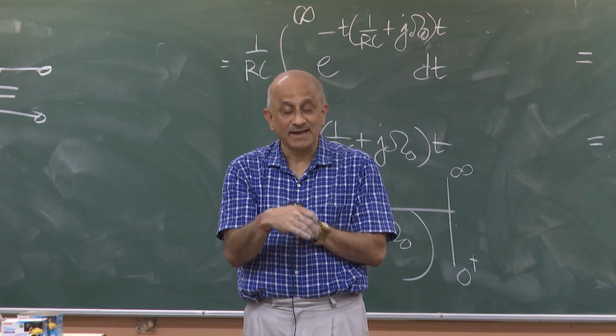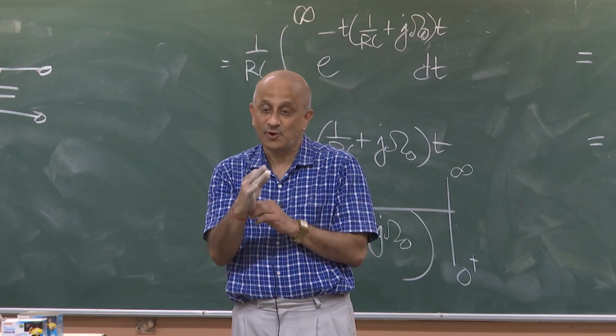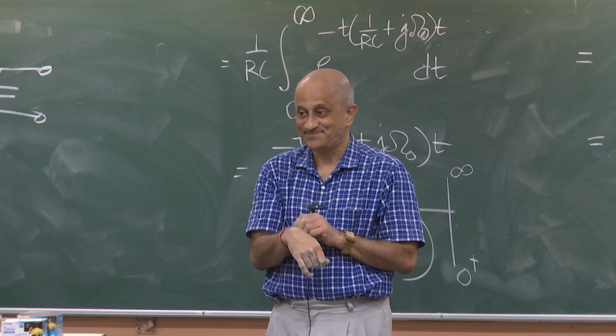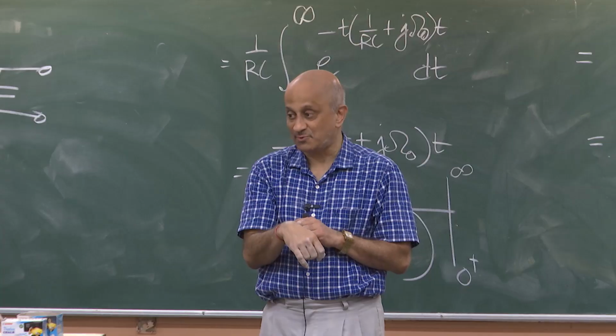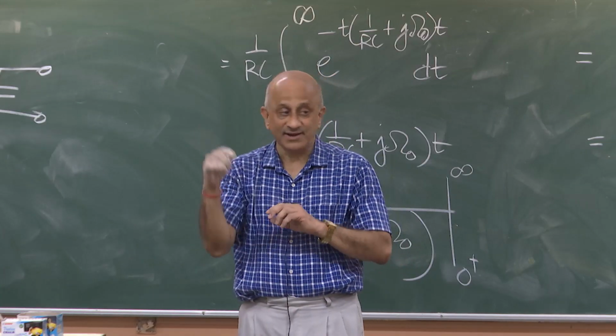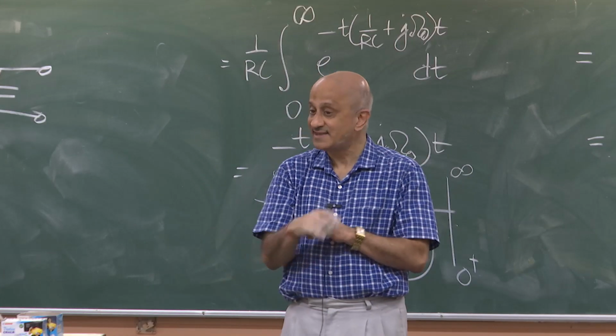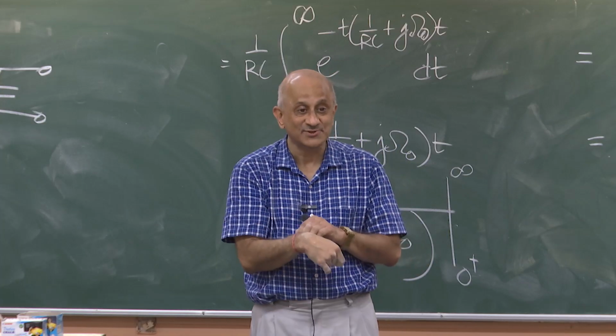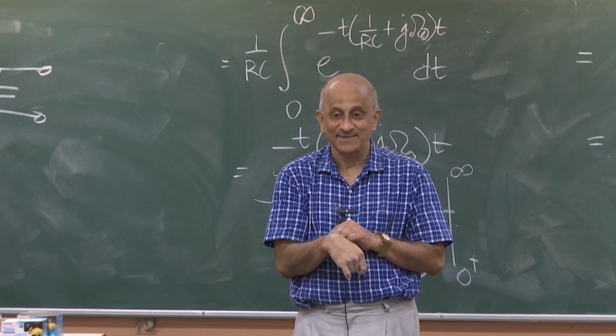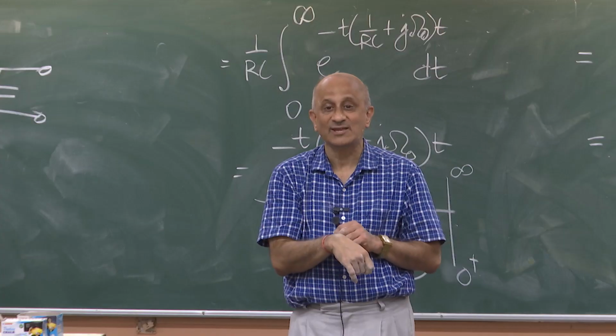It's the constant by which a phasor of frequency ω₀ is multiplied when it moves from input to output. Can you obtain that ratio by some other means other than going through all this impulse response and step response? Can you do it by a simple circuit calculation?